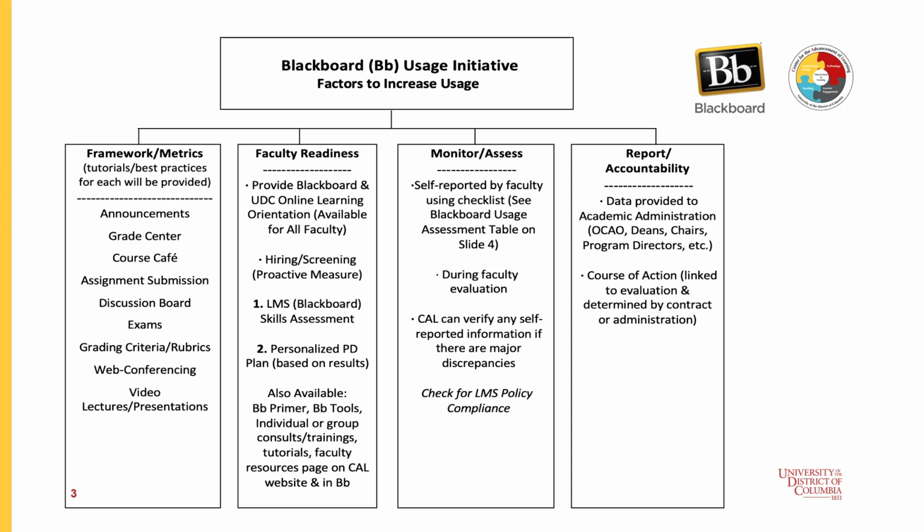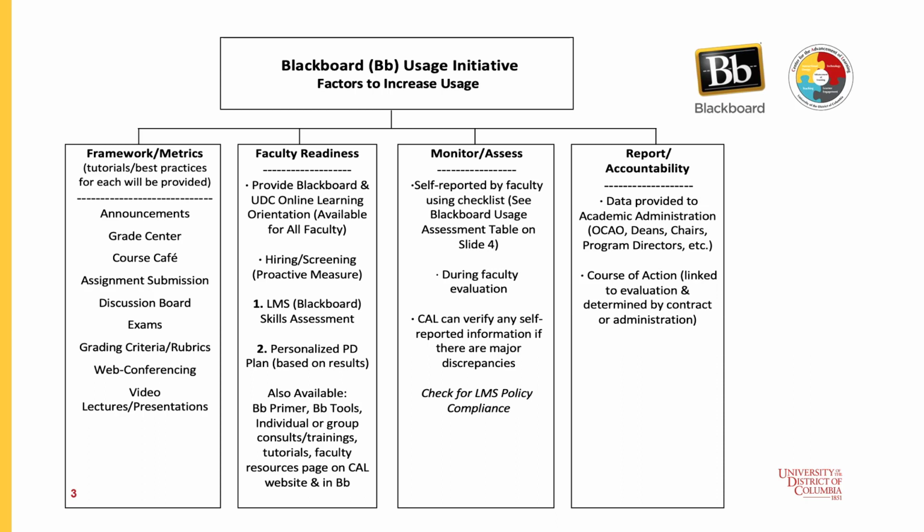Also available are the following professional development opportunities, which include Blackboard Primer, Blackboard Tools, individual or group consultations and trainings, tutorials, the faculty resources page on the Center for the Advancement of Learning website, and as well as in Blackboard. To assess this Blackboard usage, instructors can self-report their usage by using a checklist.